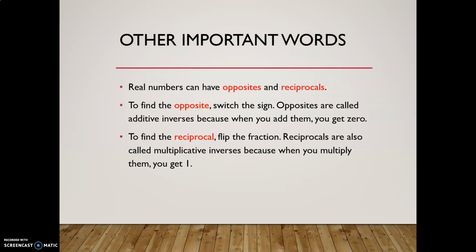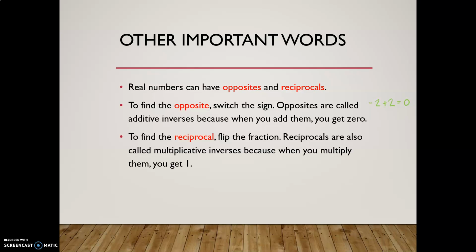All right, some other important words that you've probably heard are the words opposite and reciprocal. Opposite just means switch the sign. Reciprocal means flip the fraction. With opposites, this would be something like -2 and 2. One way to check if two numbers are opposites is to add them together, and if you get 0, then they are opposites.